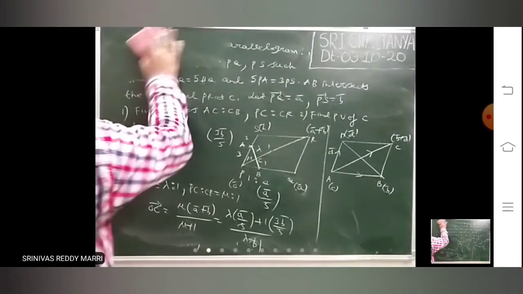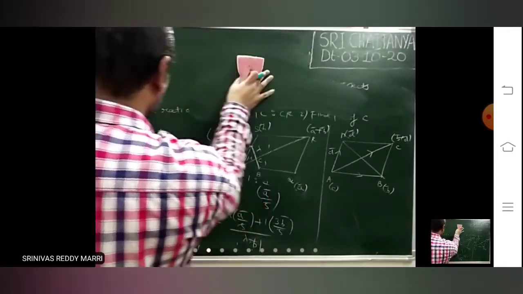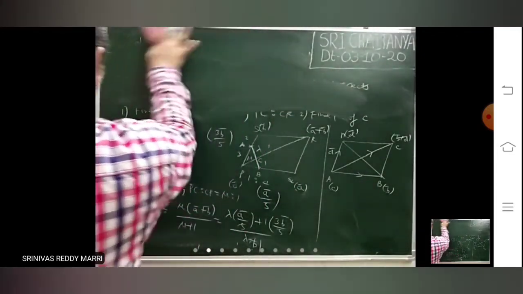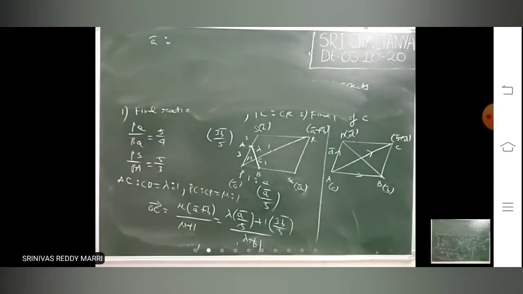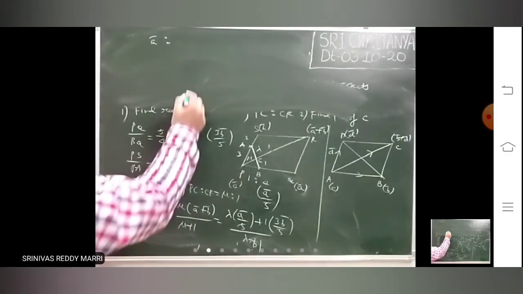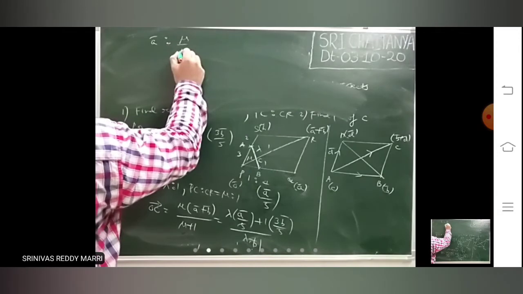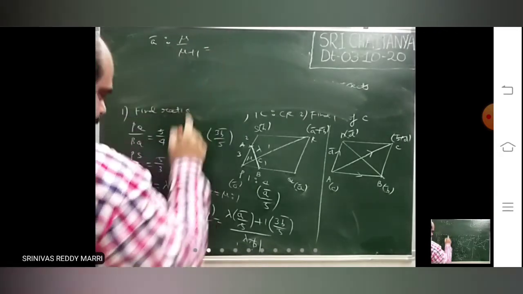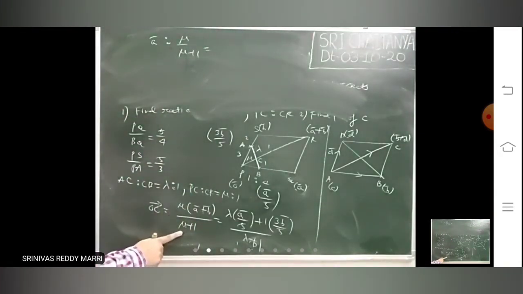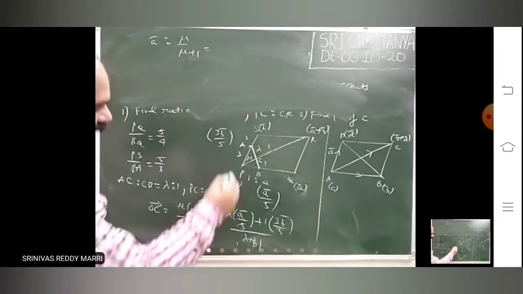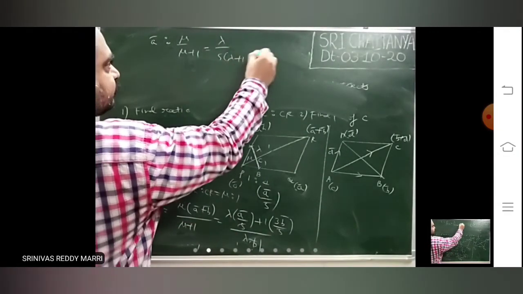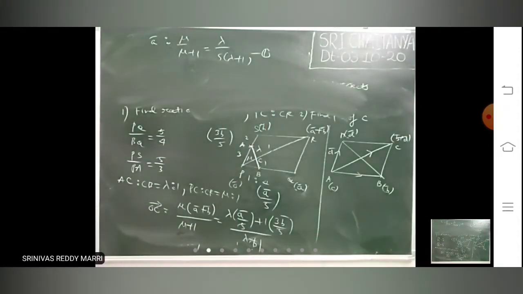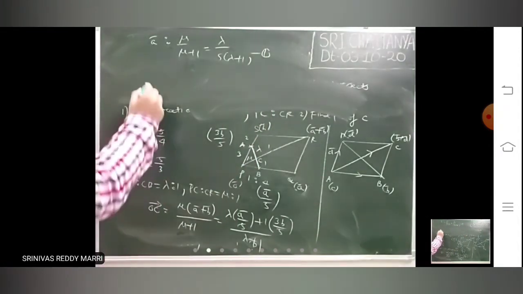So now equate both sides, coefficients of A bar and B bar. A bar coefficient is what? Mu by mu plus 1. Here it is lambda divided by 5 into lambda plus 1. First equation.